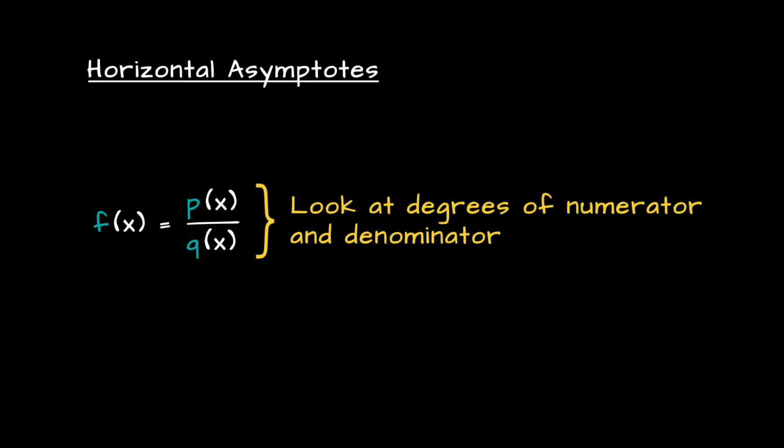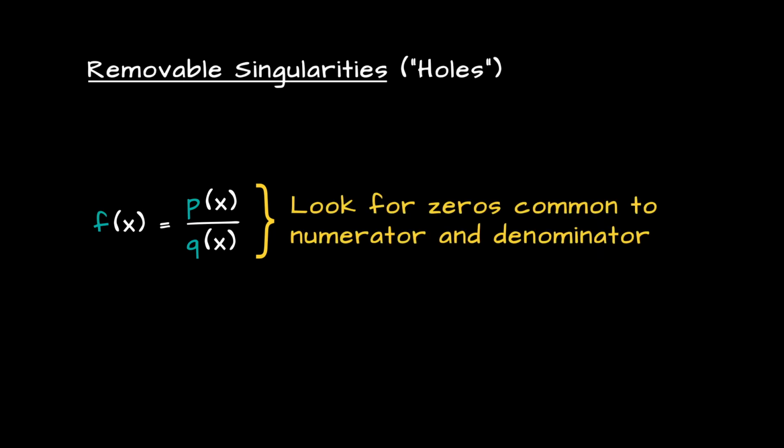To understand the horizontal asymptote of a rational function, what we'll want to do is study the degrees of the polynomials in the numerator and denominator and how they relate to one another. And finally, to understand the removable singularities, or the holes in the graph of a rational function, we'll want to take a look at zeros that are common to both p of x and q of x.